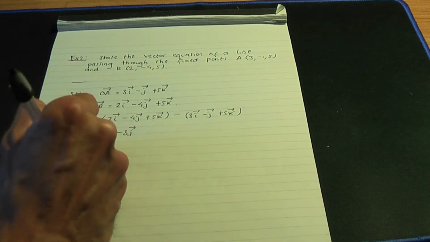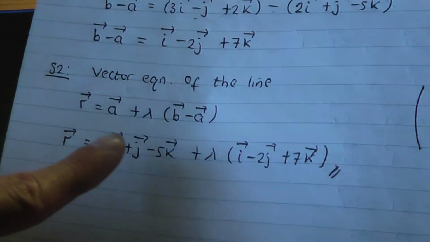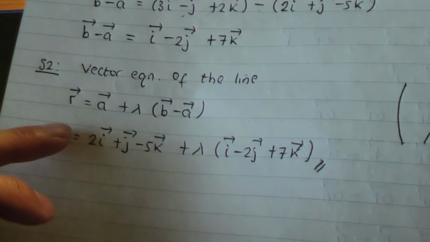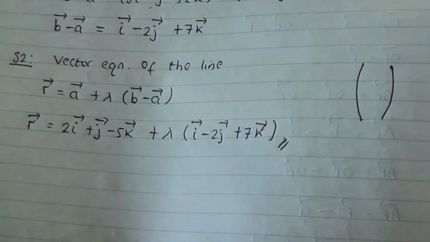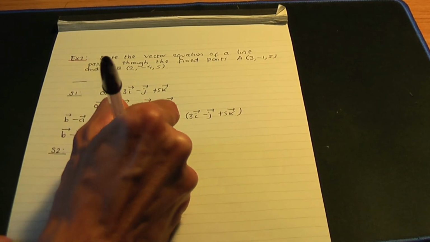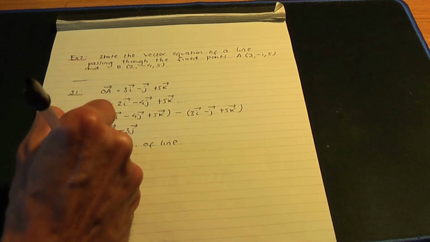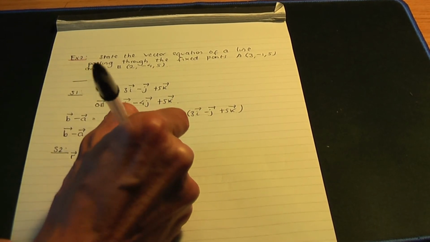Now in step number 2, step number 2 is simply the application of the formula. Remember, the vector equation of the line passing through two fixed points is r equals a plus lambda (b minus a). So let's apply that result. Let's write down the formula: r equals a plus lambda (b minus a).